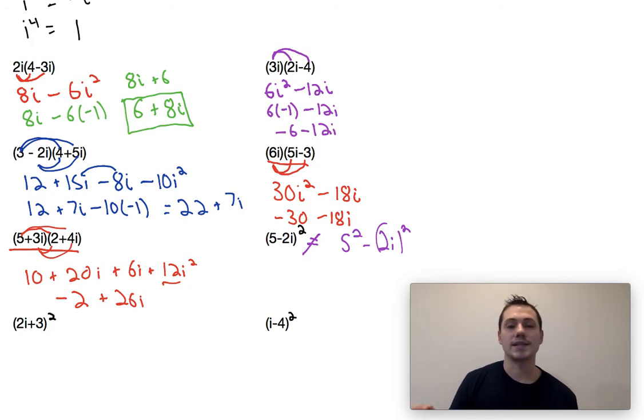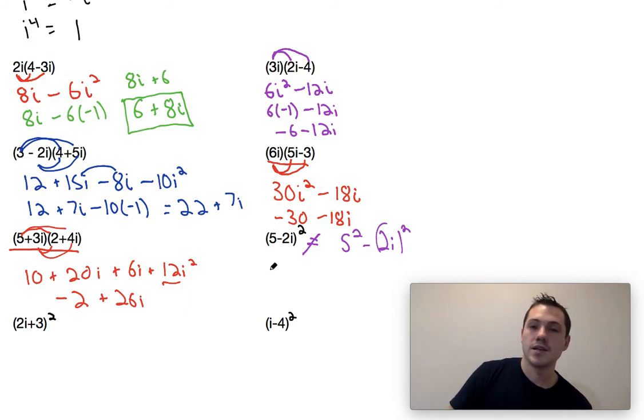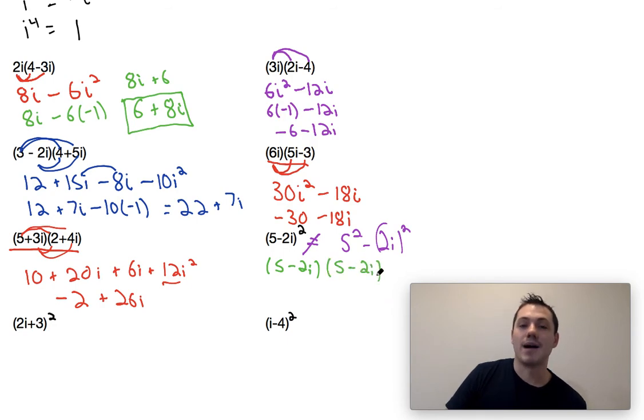What is correct is when you're squaring something, it means that you are multiplying it by itself. So if we're squaring 5 minus 2i, that is 5 minus 2i times 5 minus 2i. That's what it is. So what we're going to do is we FOIL.